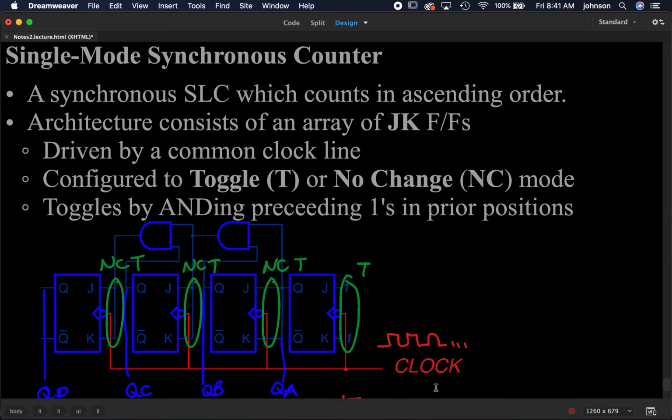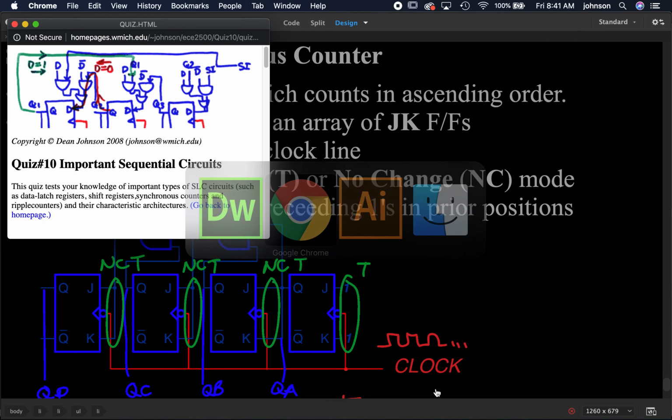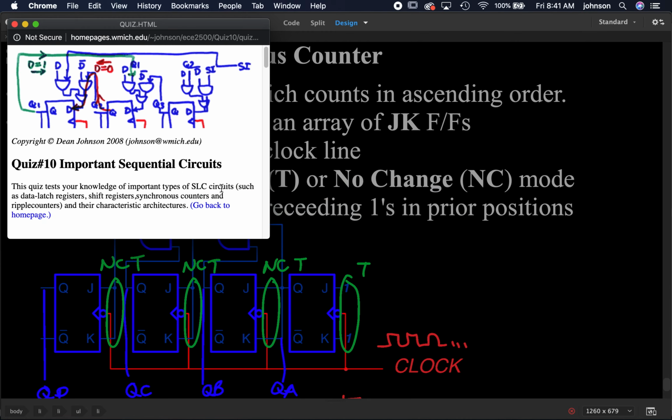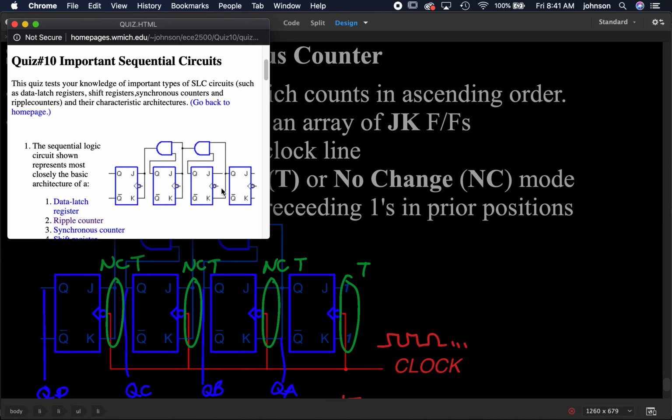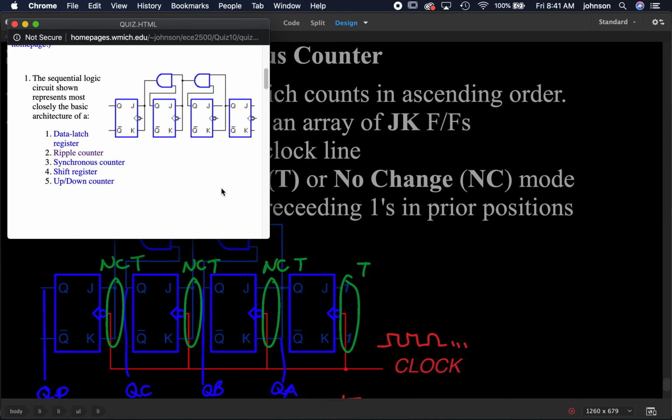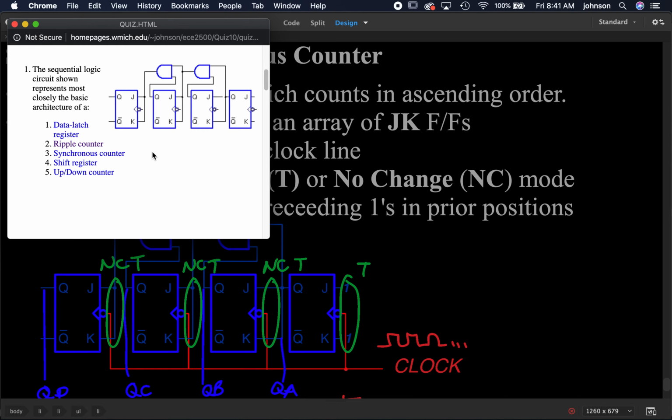And I might want to just point out again, going to our quiz number 10, that question number 1, which is going to appear on the final exam, is going to ask you about these 4 different types of counters. Now, I'm showing you a synchronous counter. You can see that this diagram is the same as this.